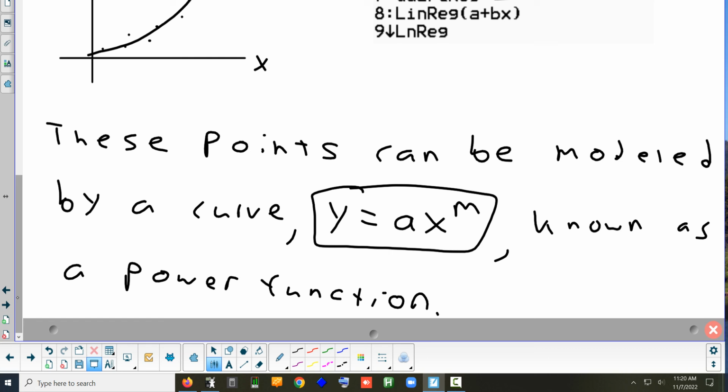Y equals negative 8x to the 5th. Generally, the a and the m, they could be fractions or decimals. That's what we're going to try to find.